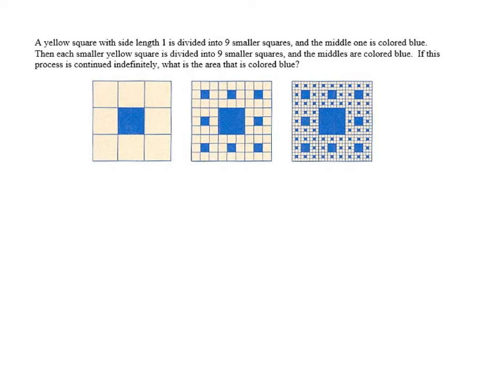This is a very interesting problem, and if we were to continue doing this forever, we've got the first, second, and third steps, but you could keep going, coloring more and more of the insides of these little squares blue. The resulting figure you'd get is a fractal, which is actually something that's covered in Math 70 in Math for Liberal Arts.